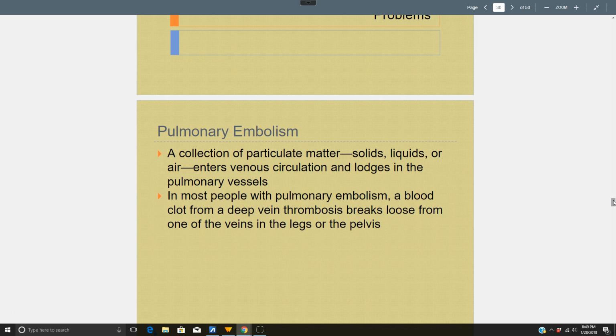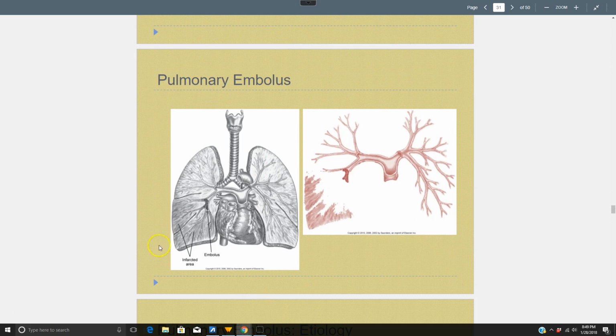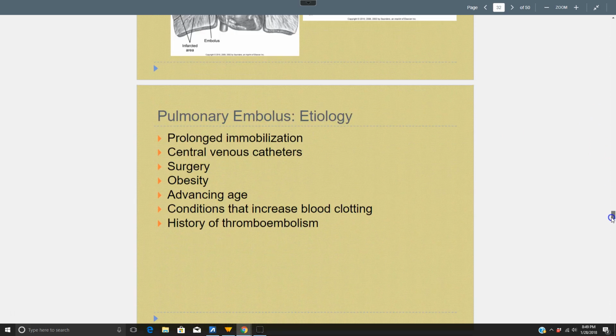A blood clot is probably the most common pulmonary embolus that you may see, and as you can see from this diagram, it depends on the size and what vessel is involved with the pulmonary embolus, because if it's in one of the big veins, your patient can have an infarcted area, just like we have an infarcted area in the heart. The same thing can happen in the pulmonary system.